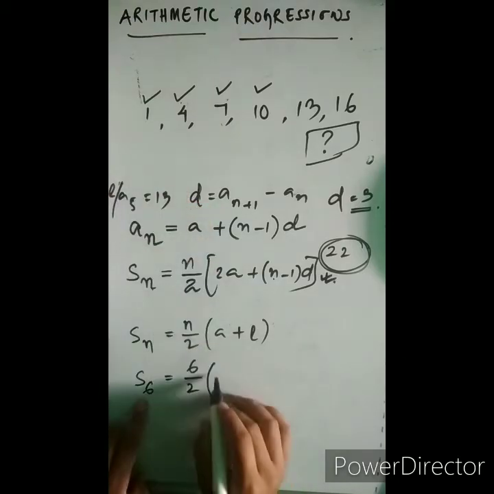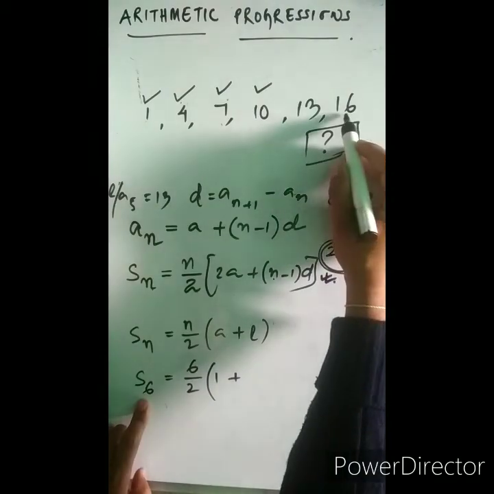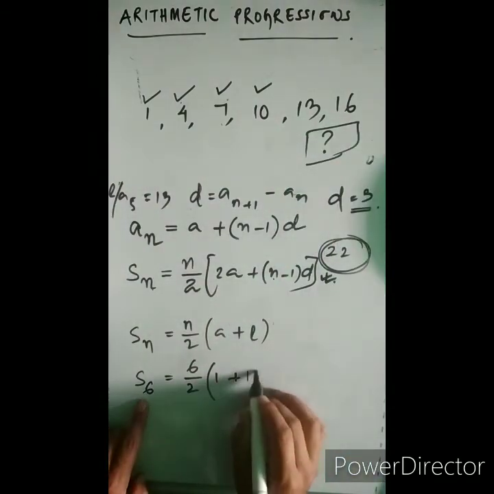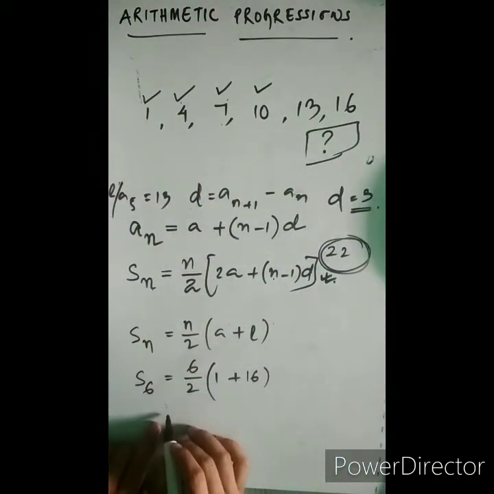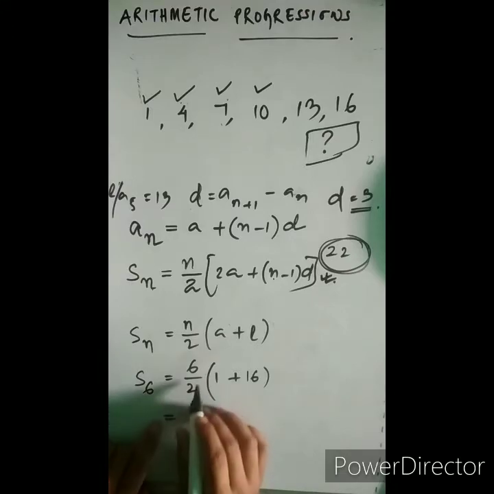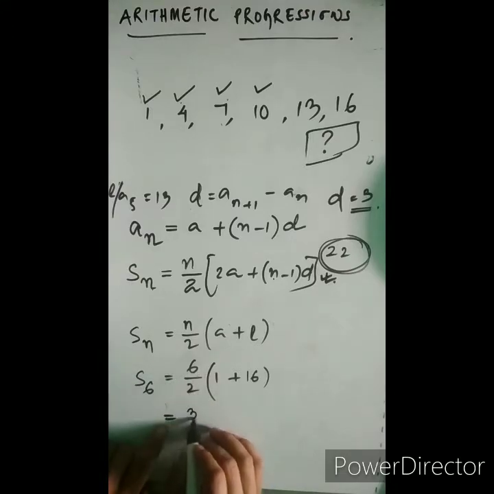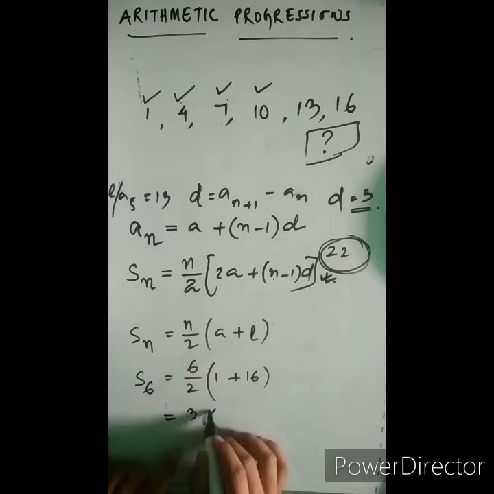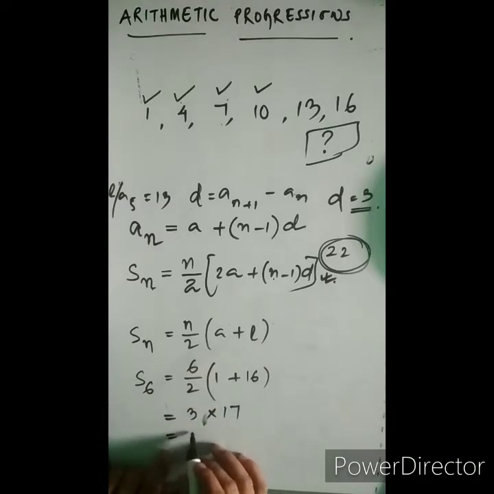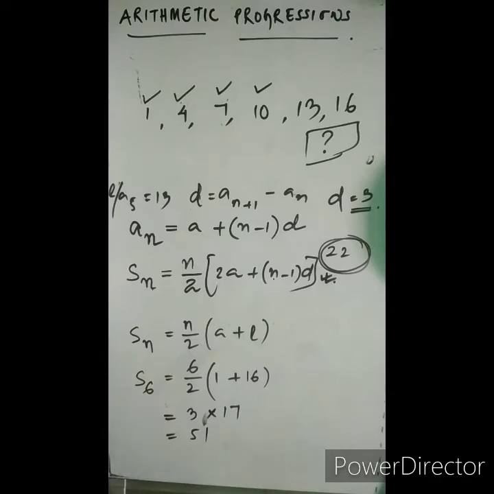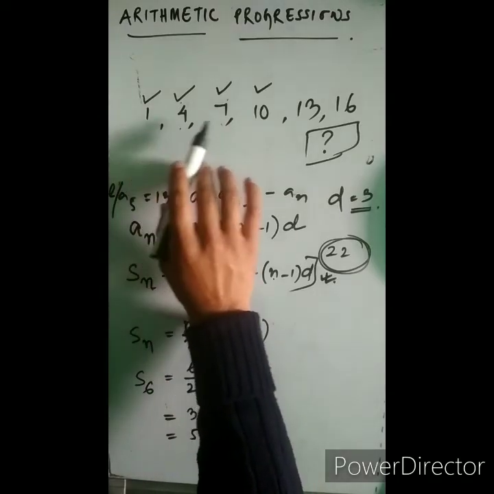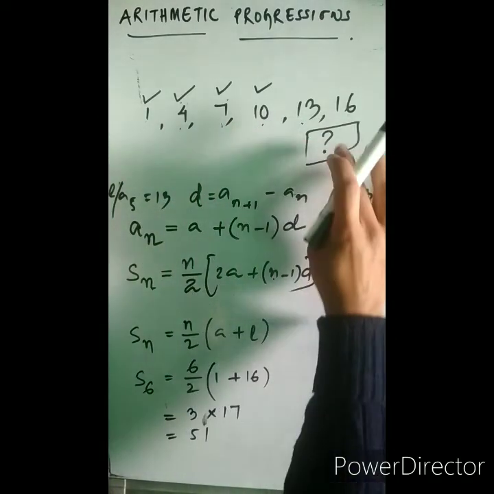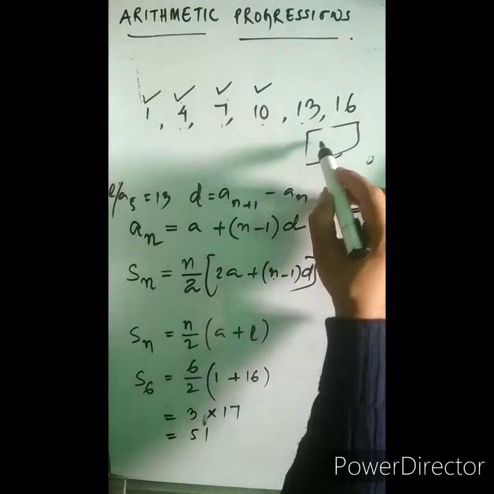Here a means 1. Here l means last term, so this is 16. So 6 divided by 2, 3, into 17. Then we'll get 51. That means if you add 1, 4, 7, 10, 13 and 16, you'll be getting 51.